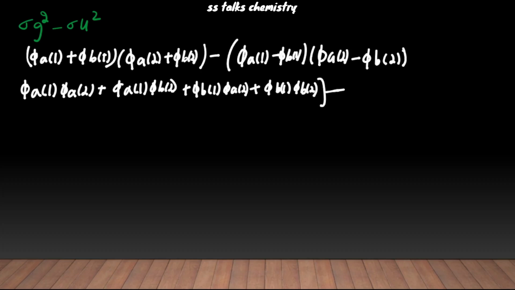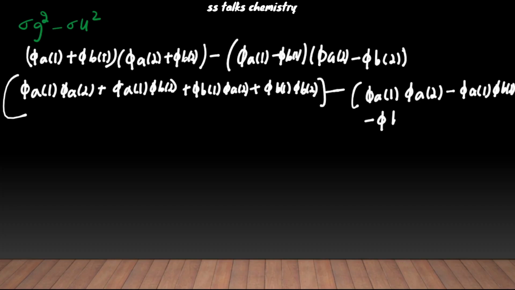Now open the next one. It will become phi A1 into phi A2 minus phi A1 into phi B2 minus phi B1 into phi A2 plus phi B1 into phi B2.